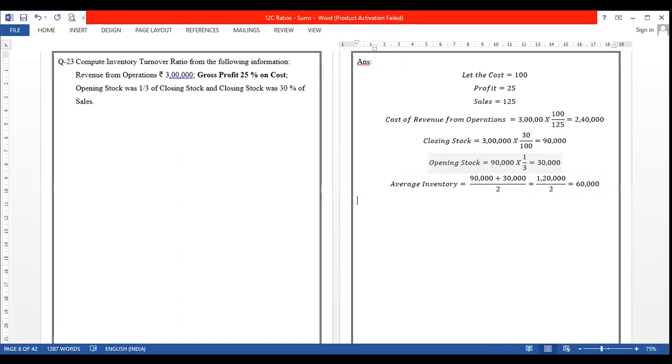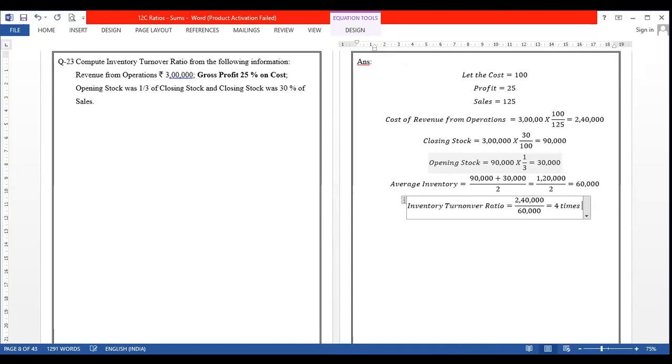Average has come. We have COGS, so we can calculate the inventory turnover ratio. The formula is very simple: COGS upon average inventory. Both values are there with me. That is 2,40,000 divided by 60,000. The answer will be 4 times.